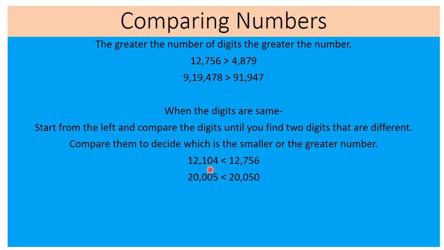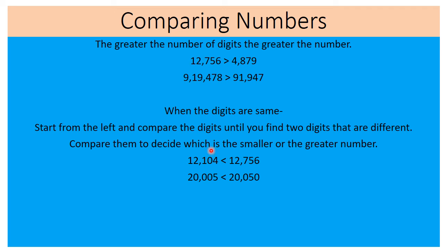But if we check the tens place value, here we have 0, whereas here we have 5 tens, which is 50. At the ones place we have 5 over here, but only 0 over here. So 50 is greater than 5. From this comparison, it is clear that 20,050 is a greater number as compared to 20,005.